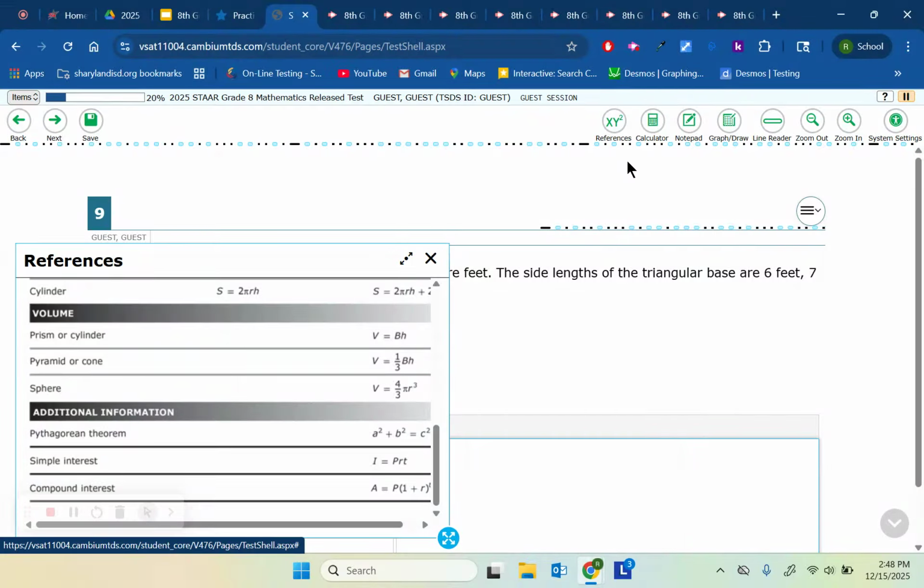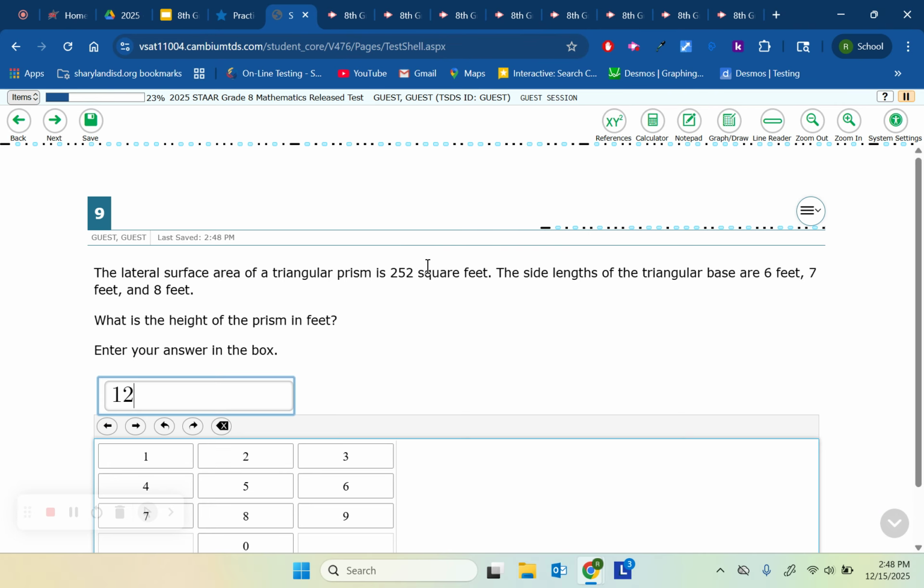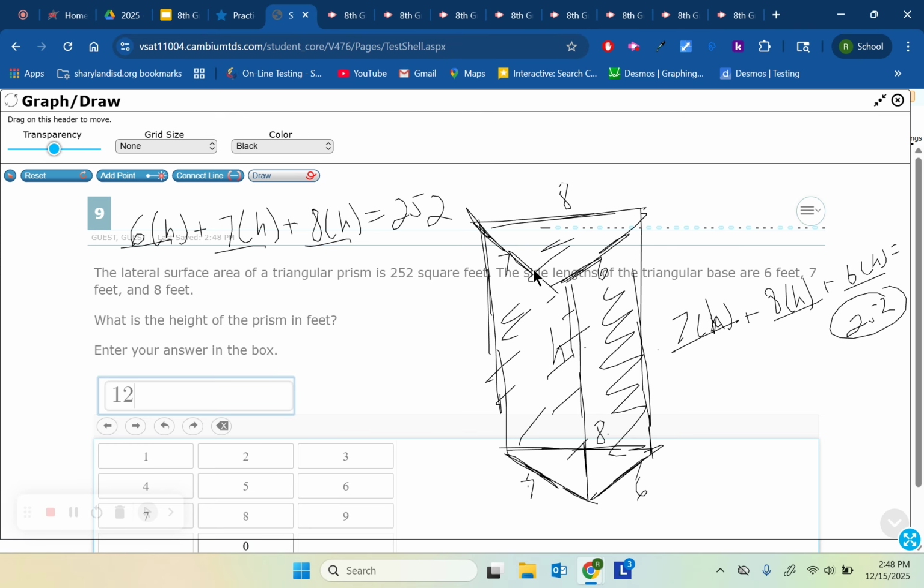Now, let's just make sure. Do I have the formula anywhere here for lateral surface area? For a prism, it's going to be the perimeter times the height. And I think that's what we did right now with our problem, right? Because it's 6H, 7H, and 8H. If I add all this up, I can say the perimeter is 6 plus 7 plus 8.